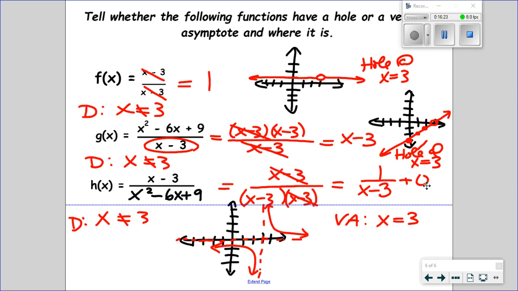Unless you have that special scenario that happens with h of x. Any factor that is left in the denominator is going to create a vertical asymptote in the graph. So factors that you can cancel, top and bottom, create holes. Any factors left in the denominator are going to create a vertical asymptote in the graph of the function.